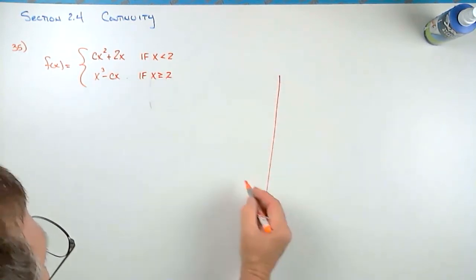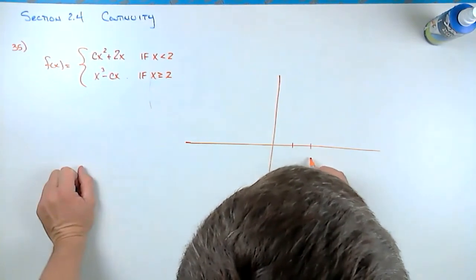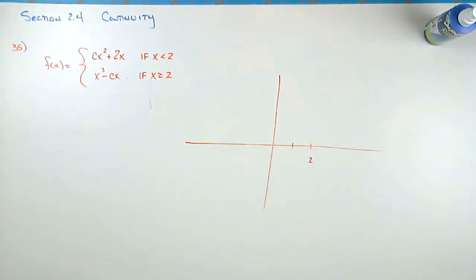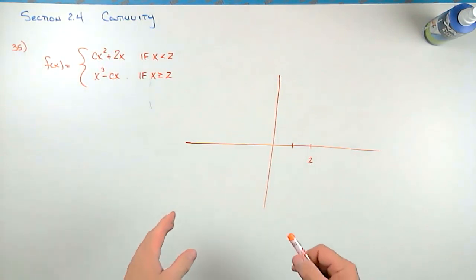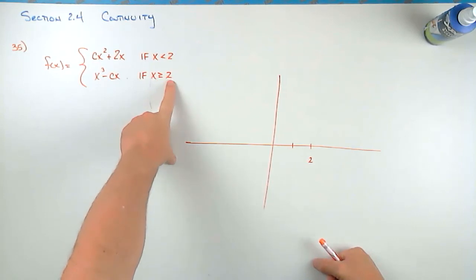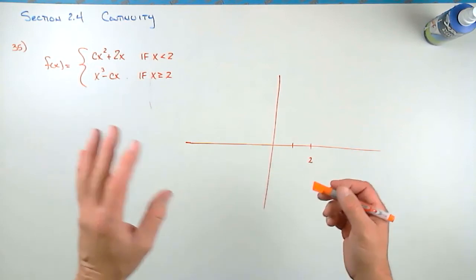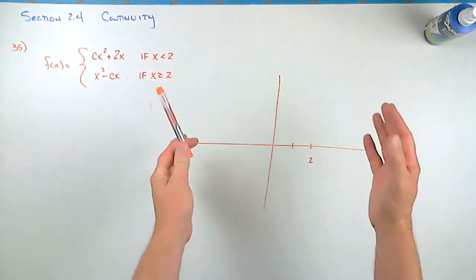So when we draw our graph, over here at 2, what do we know about our function? Well, we know that's a polynomial. When I plug in 2, I'm going to get a number. I don't know if it's positive or negative. I don't care. I'm going to get a number. So I'm just sketching it over here.